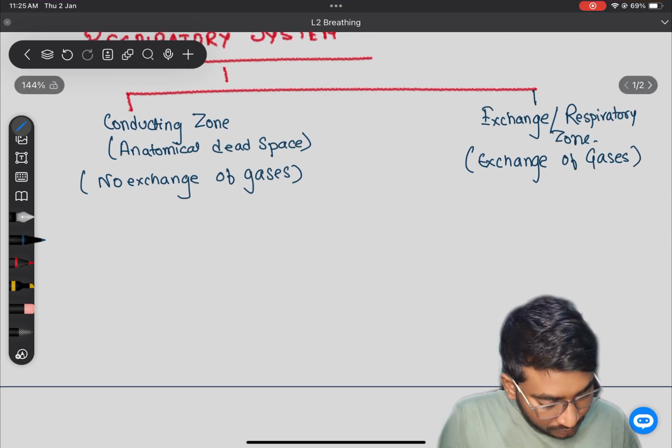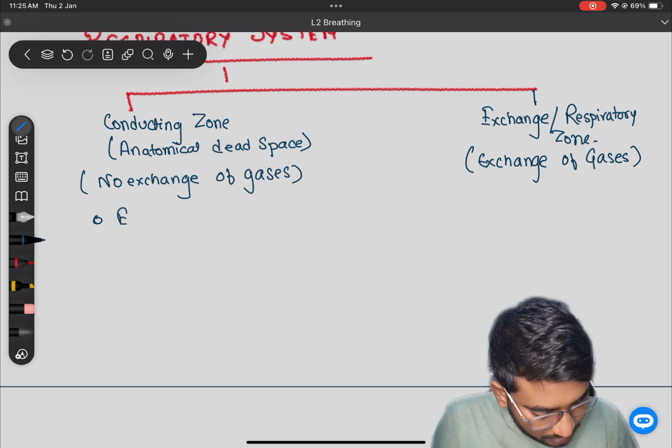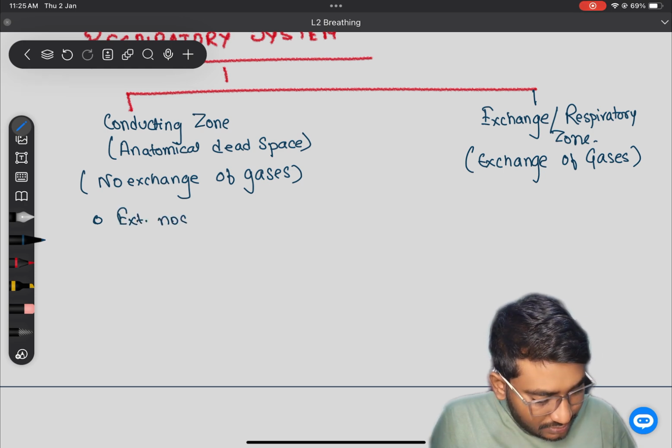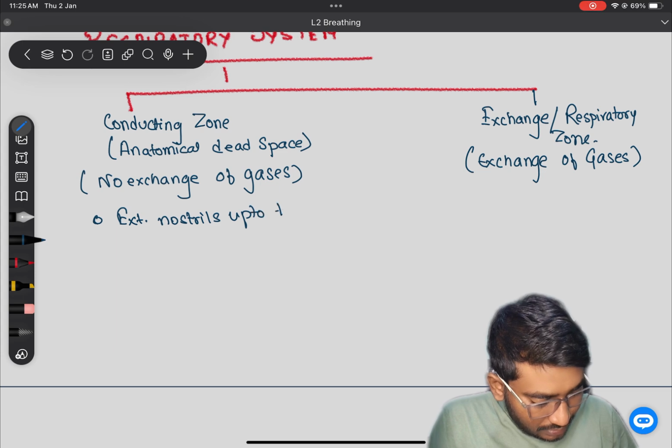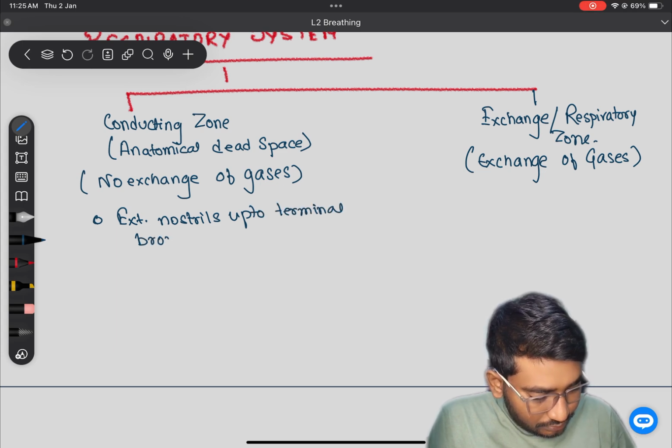This consists of the external nostrils up to the terminal bronchiole.